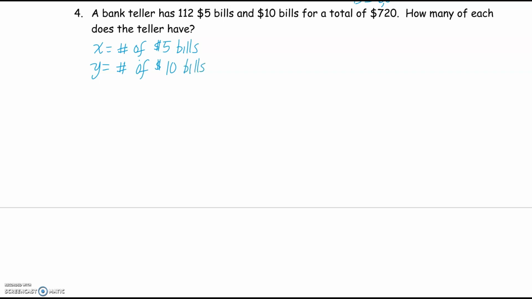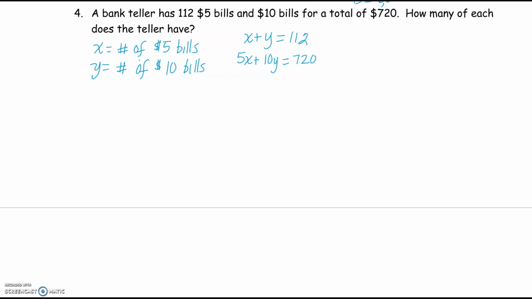There's a total of 112 $5 and $10 bills. So X plus Y equals 112. We know the value of a $5 bill. It's $5. So we have 5X, and a $10 bill is $10, plus 10Y equals 720.